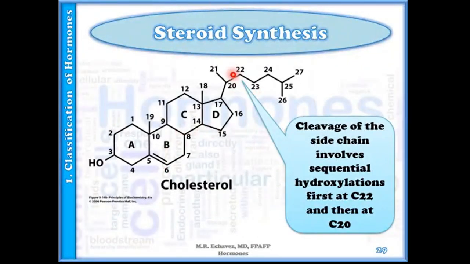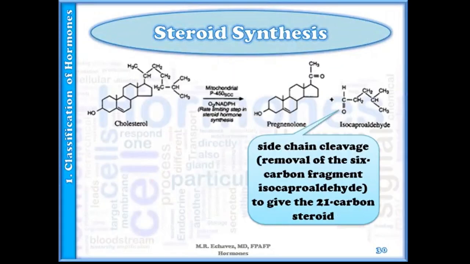There is sequential hydroxylation of carbon 22 and then carbon 20, so that this bond is cleaved, and you now have isocaproaldehyde and pregnenolone. This is the first 21 carbon steroid.